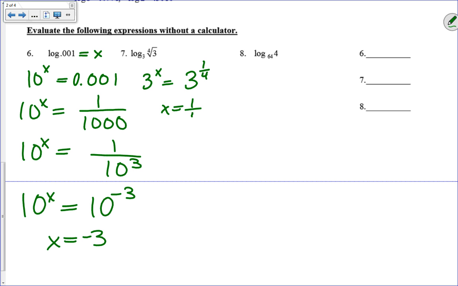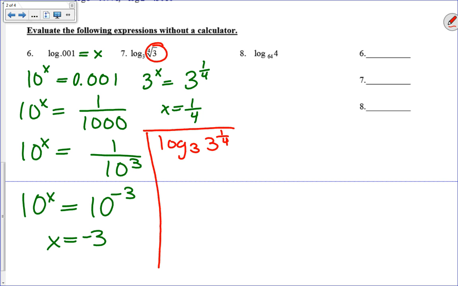Would there be another way that we could have solved this, maybe without rewriting it into exponential form? If we started from our log, I guess let me ask you this, if we changed this to 3 to the 1/4? Right, so where can we put that 1/4 using our properties?